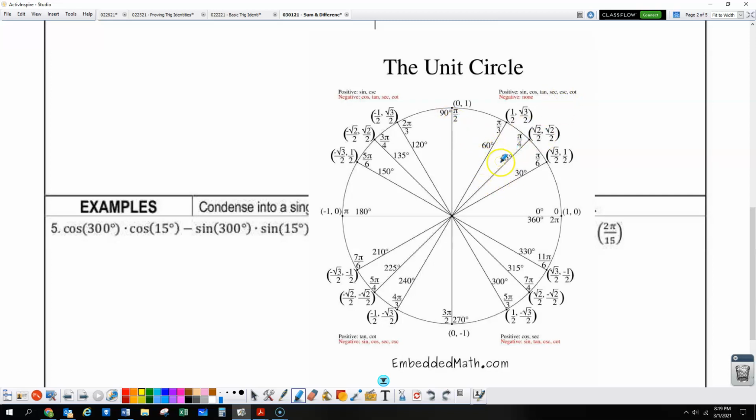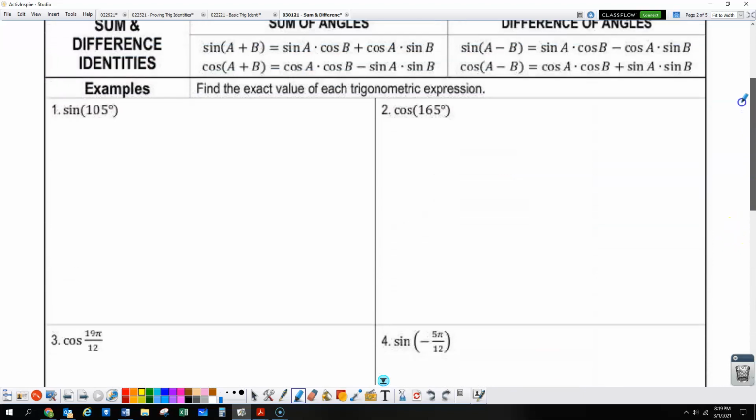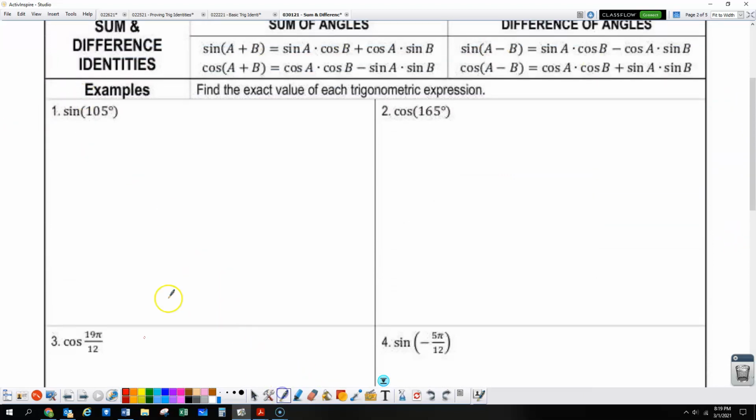So let's go to the next one. 105 minus 45 would be 60. So 60 plus 45 would be 105. So I can write sine of 105 as sine of 45 degrees plus 60 degrees, right?